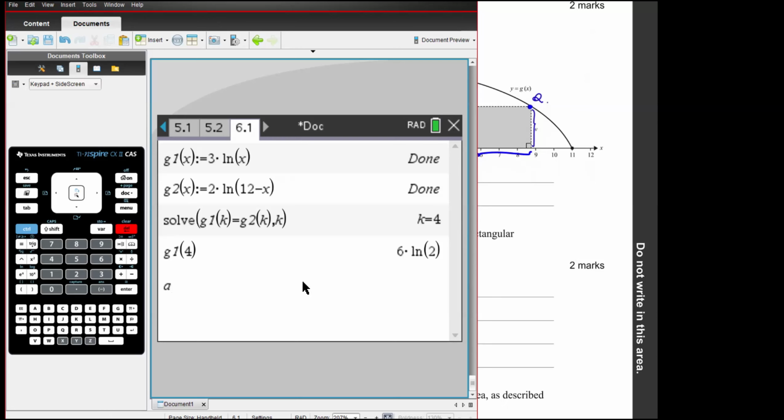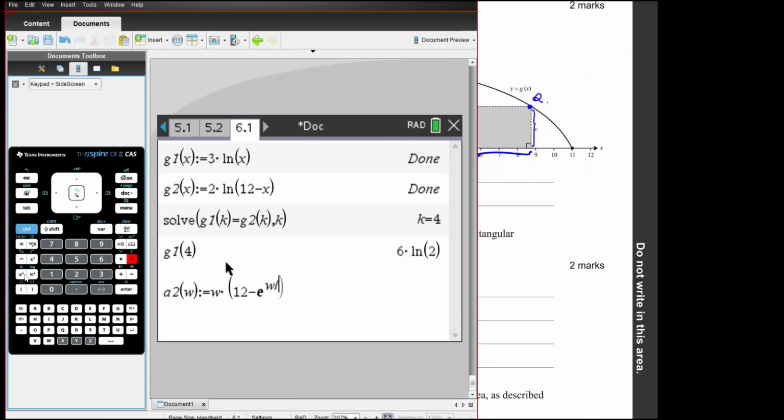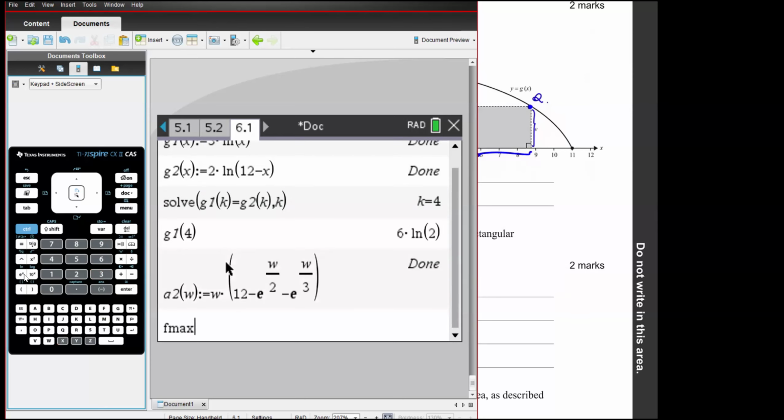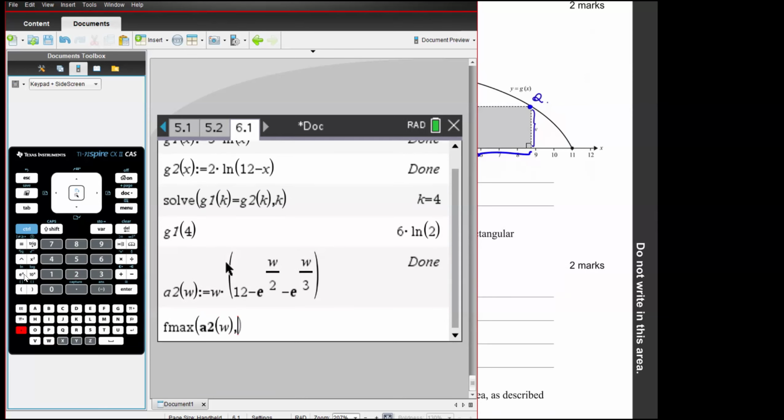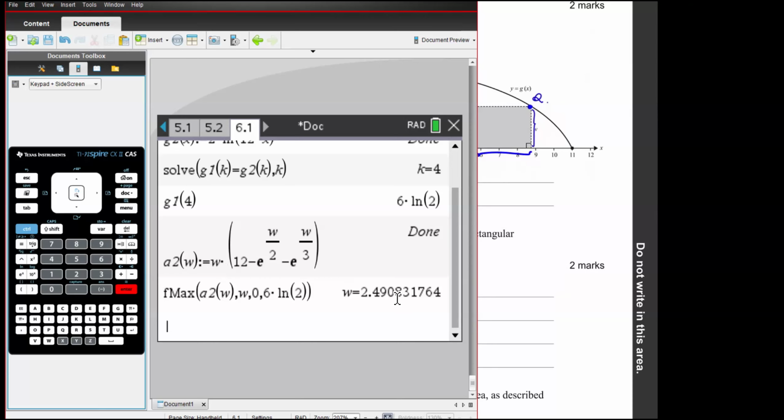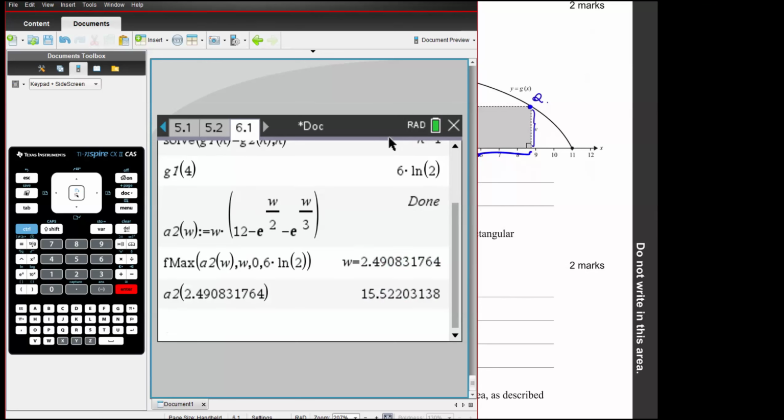Just say A2(W) is assigned to W times (12 minus exponential W on 2 minus exponential W on 3). And fMax A2(W), W, 0 to 6 natural log 2. Control Enter. You get 2.49 something. And A2 of that is 15.52.